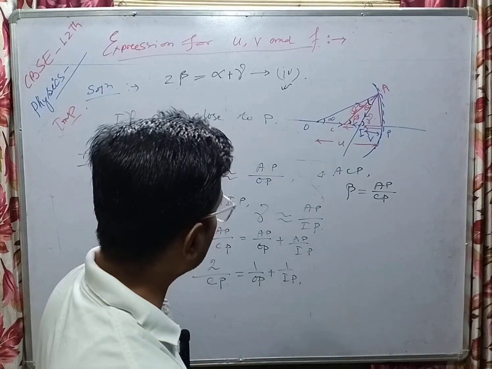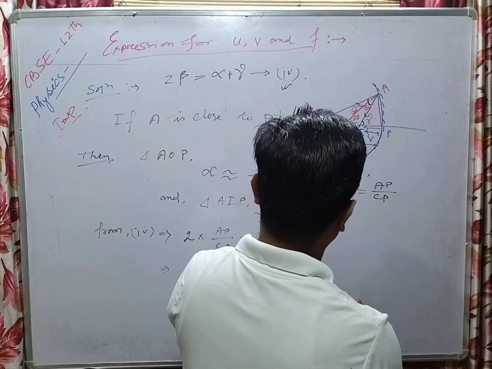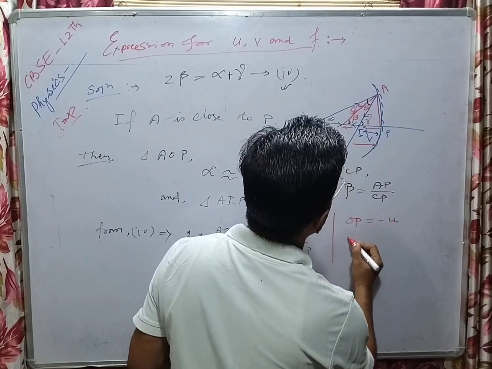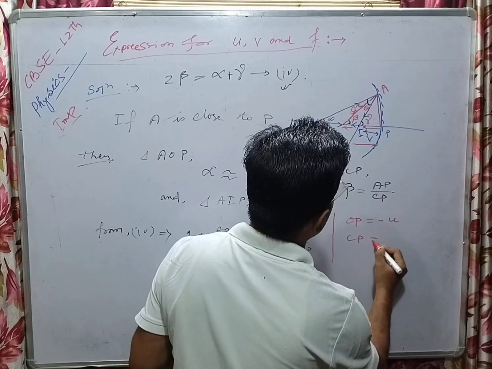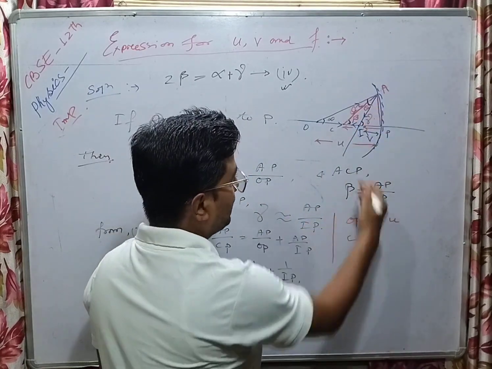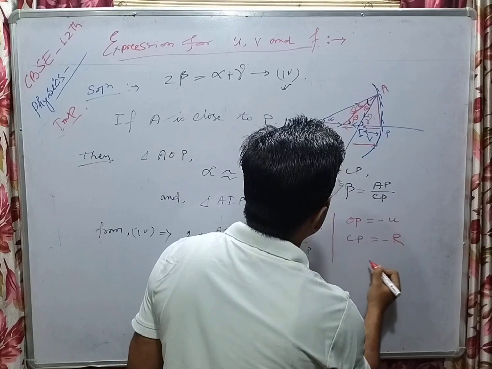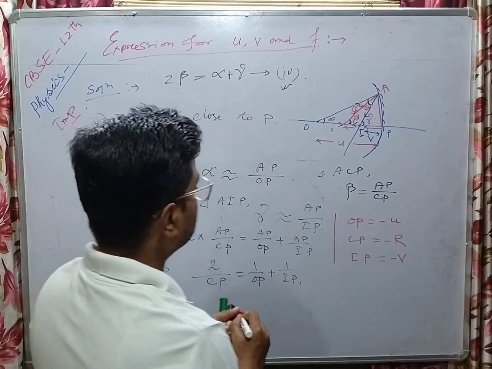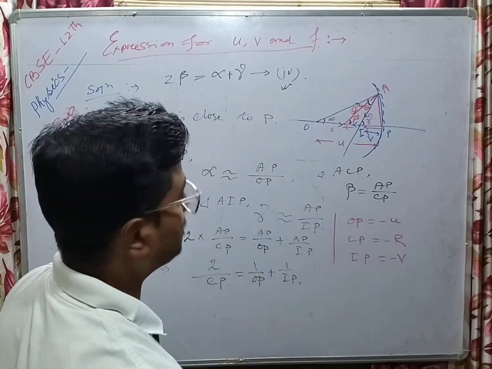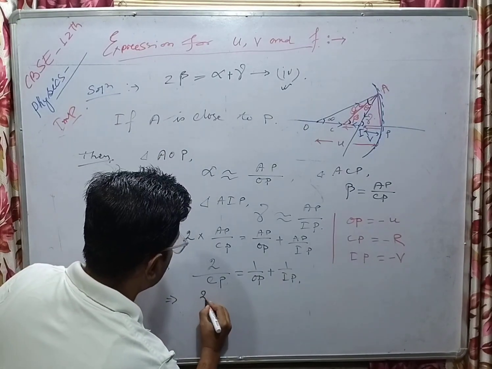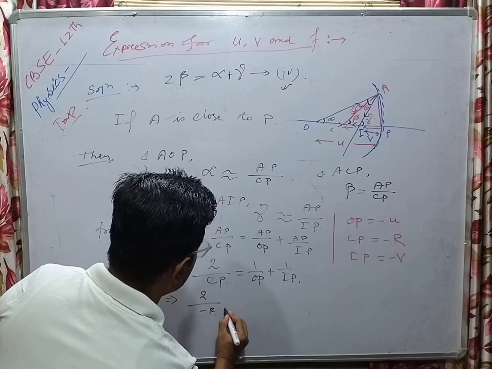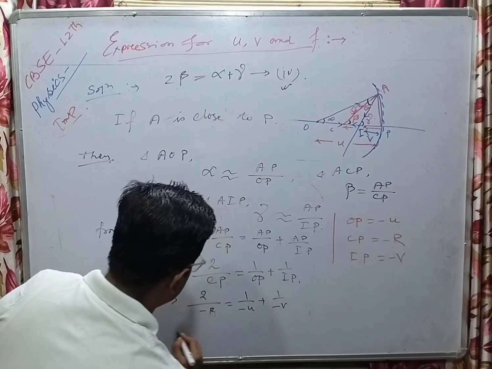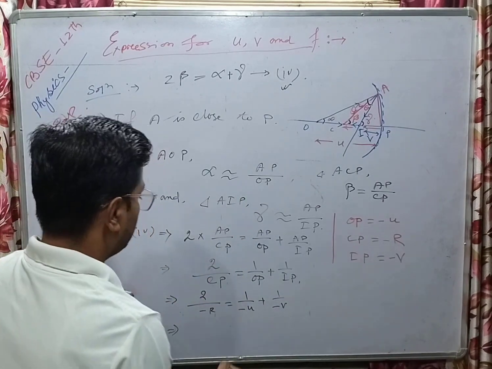So from here, I will take OP is equal to minus U. CP is the radius of curvature of the spherical mirror, that is concave mirror, that is minus R, and IP, image distance, is also minus V. I will substitute these values here to get the expression, right? 2 by CP is minus R, 1 by OP is minus U, 1 by IP is minus V. Then minus will be eliminated.